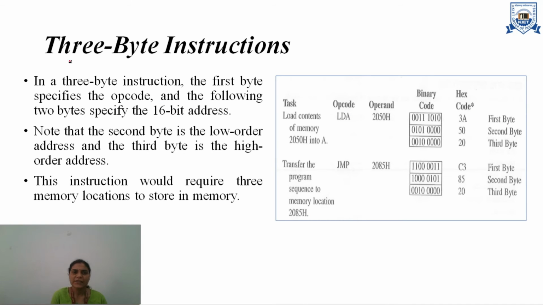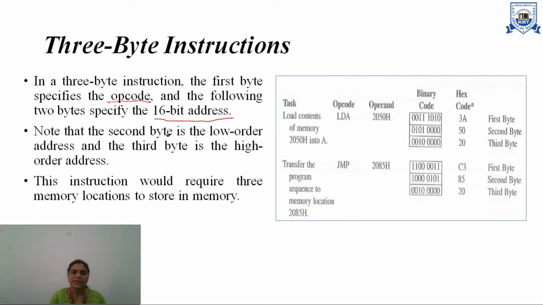Now next is the 3-byte instruction format. Here in a 3-byte instruction, the first byte will specify the opcode as before, and the following 2 bytes specify a 16-bit address. So a 16-bit address will take 2 bytes.